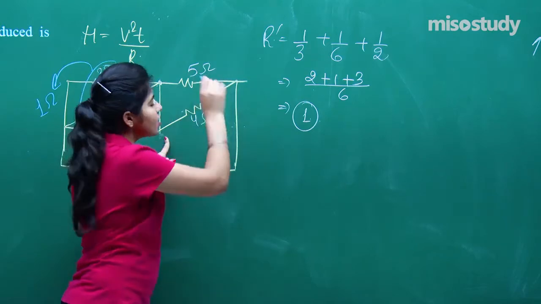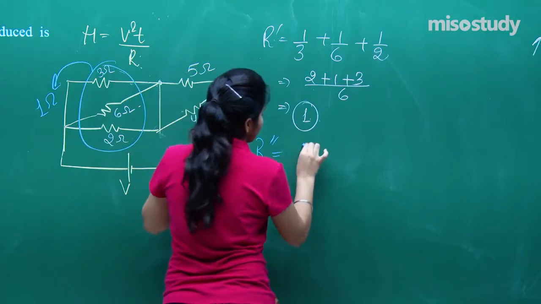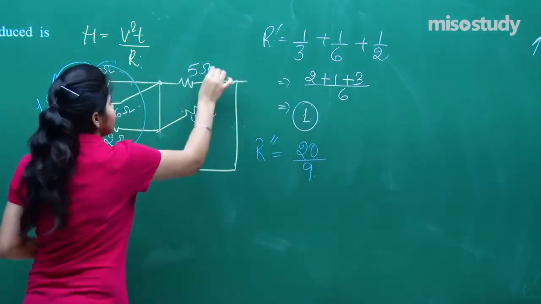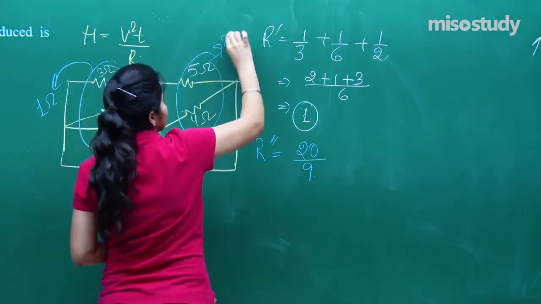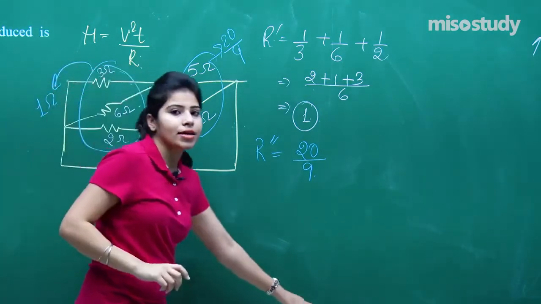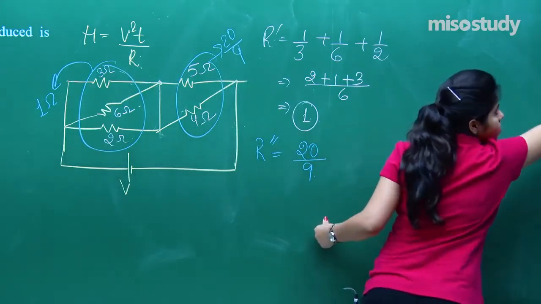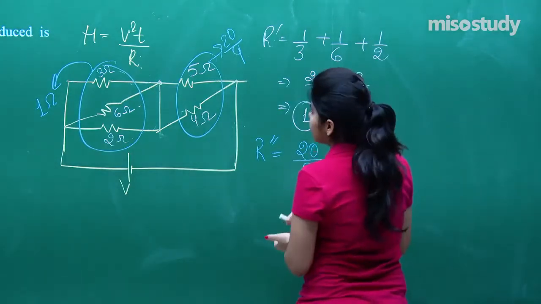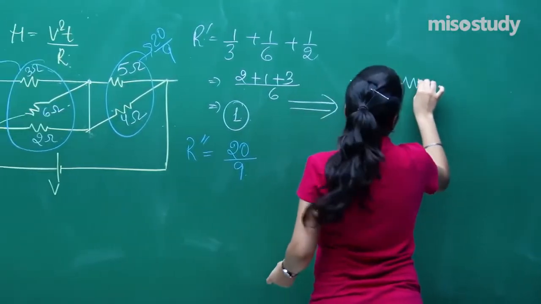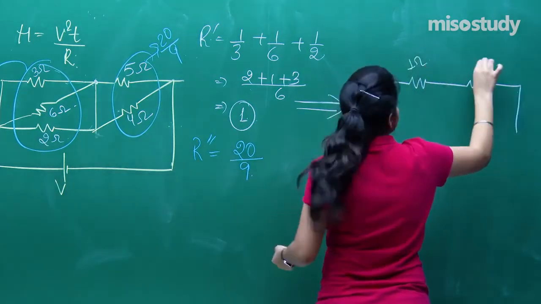Again the total resistance will be AB upon A plus B, 20 by 9. So these 2 resistors have come out to be 20 by 9. Now I can redraw the equivalent circuit like this. You can come with me. The equivalent circuit will be 1 ohm and this as 20 by 9 ohm.